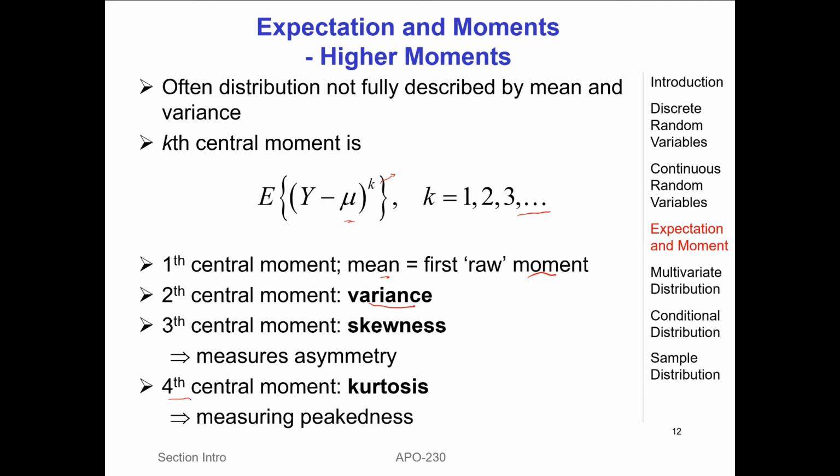And then the fourth central moment is the kurtosis, how much is the peak at the highest level, the peakedness of the distribution. So that you know already.